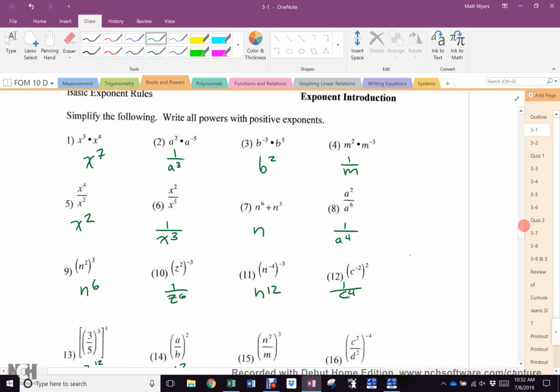Exponent law 3, when it goes over brackets. That's law 3. I'm putting it all together.